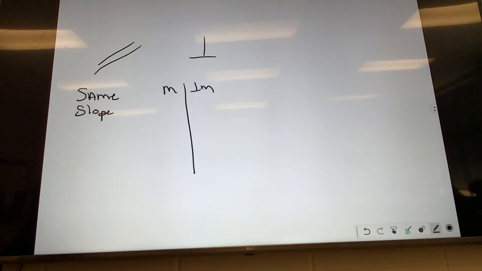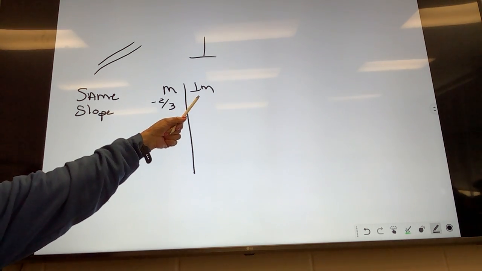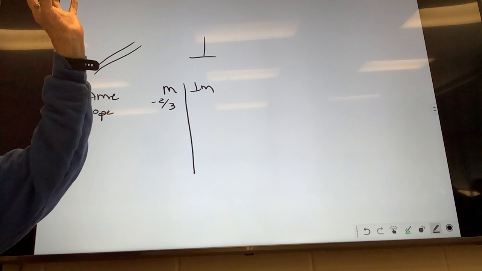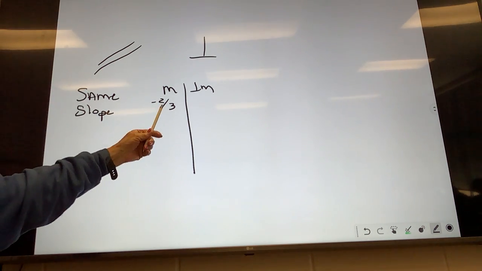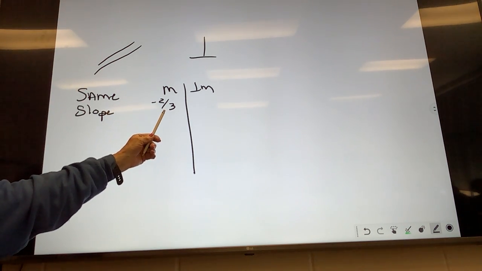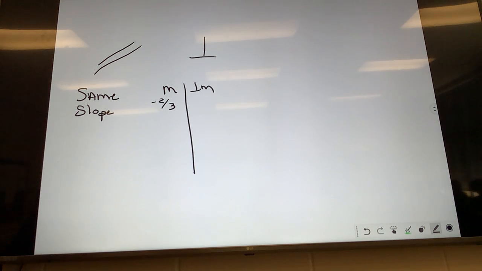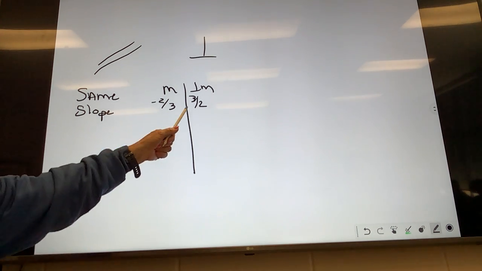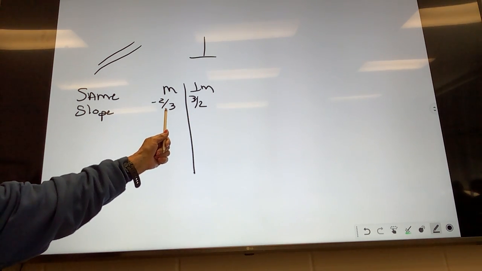So if I say the slope is -2/3, the way I show a perpendicular slope is I call it flip and change. Flip that fraction. What does that become? 3/2. Change the sign. Positive. So my perpendicular, flip and change.